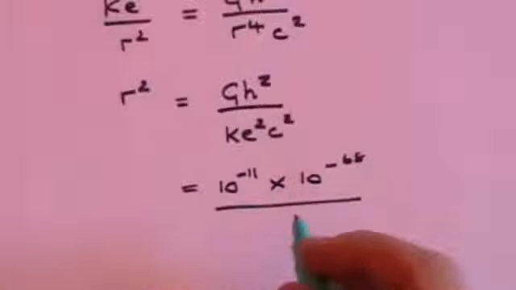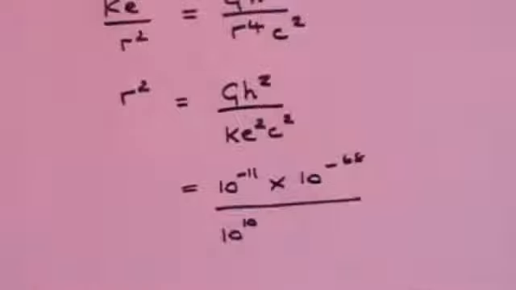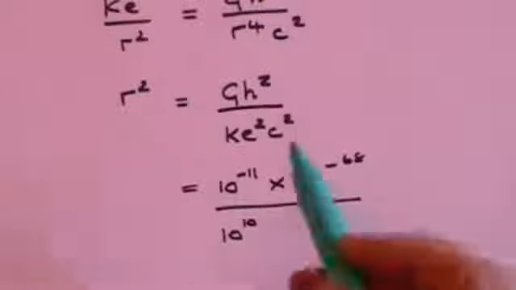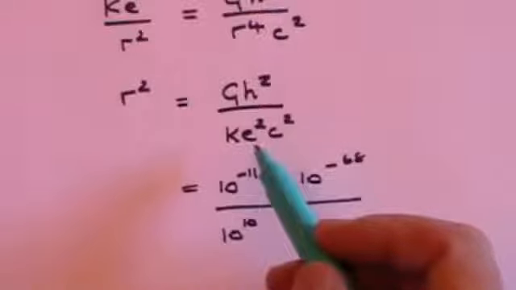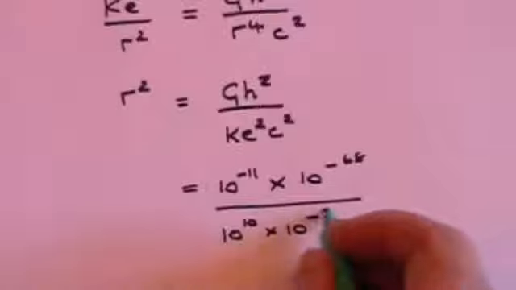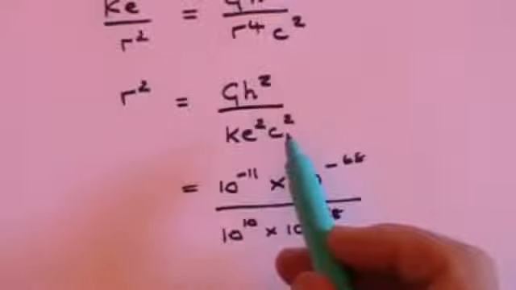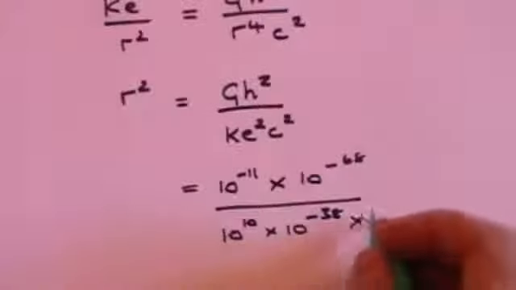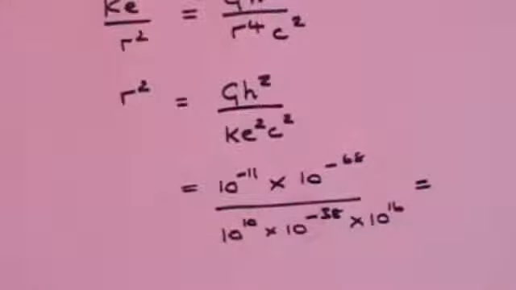K, I can tell you, is actually 10 to the 10. That is 1 over 4 pi epsilon naught. E squared, the charge on the electron squared, is 1.6 times 10 to the minus 19 squared. We'll call that 10 to the minus 38. C squared, the speed of light squared, is 3 times 10 to the 8 squared. We'll call that 10 to the 16.